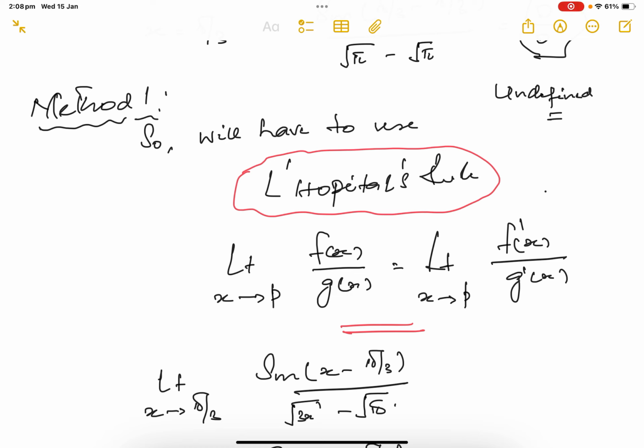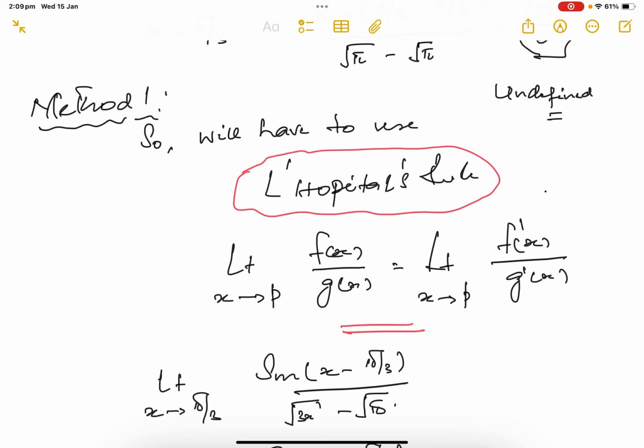What that one says is the limit as x tends to p of f of x, a function of x in the numerator, over g of x, another function of x in the denominator, is equal to the limit of the differentiation of f of x divided by the differentiation of g of x.